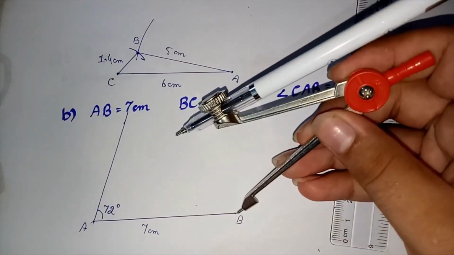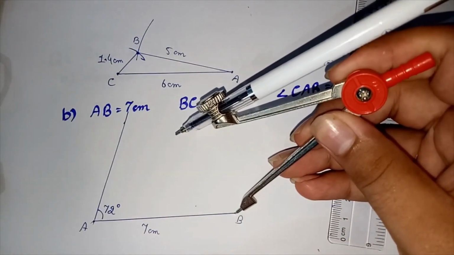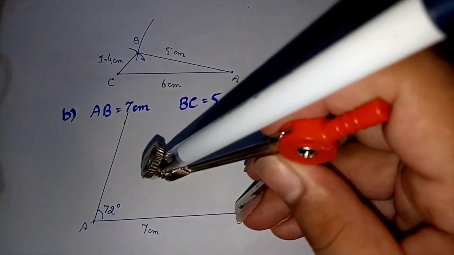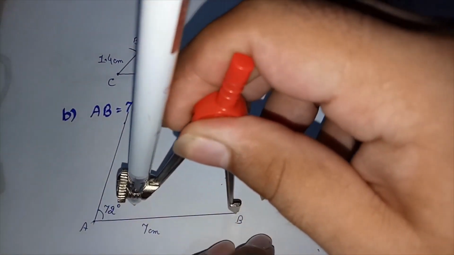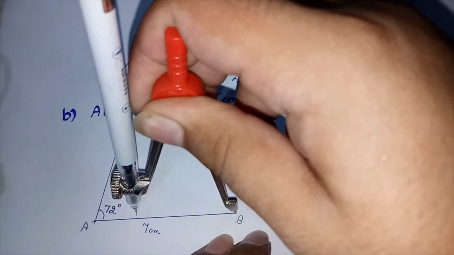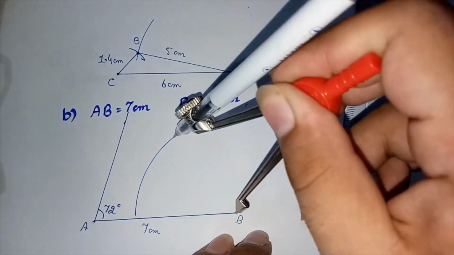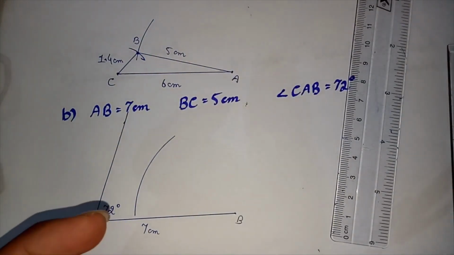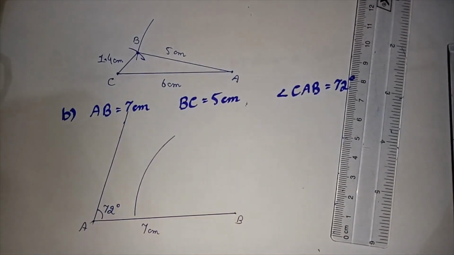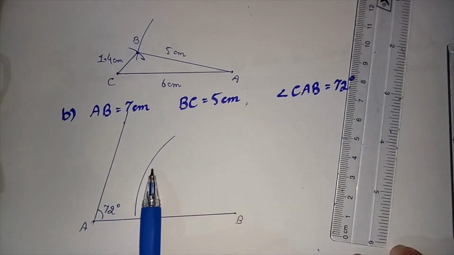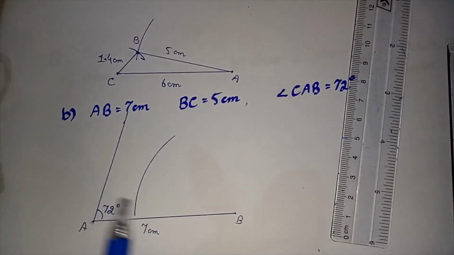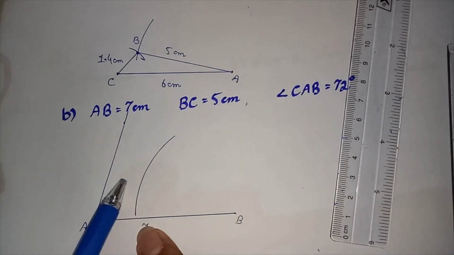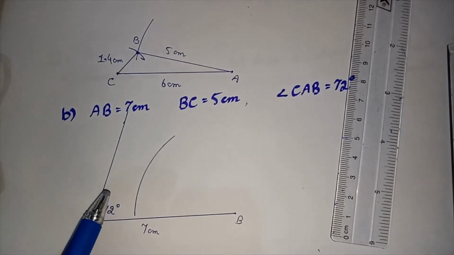Clear? Now let's see. Here we have point B, and we will draw an arc just like this one. Okay, and we can see that our line is not touching this arc, so in this case our triangle cannot be constructed.